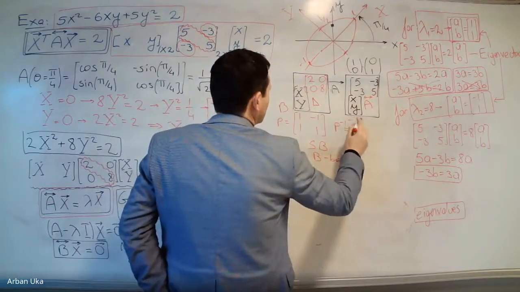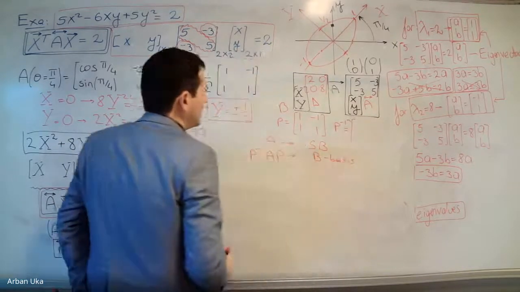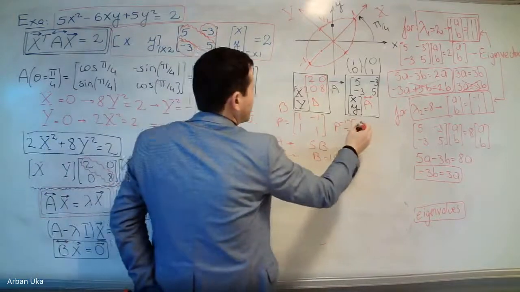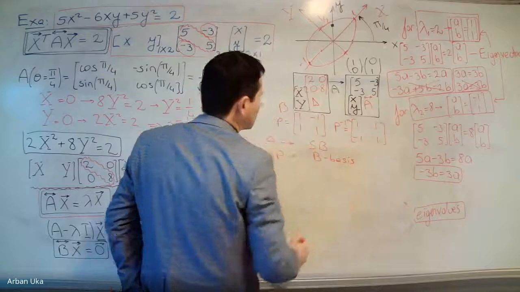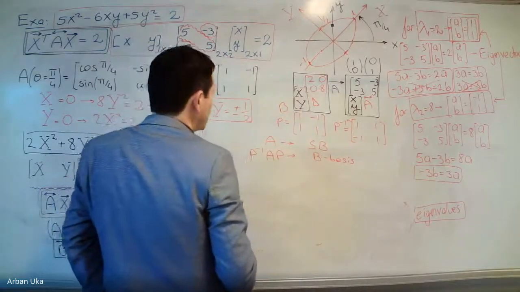P inverse will be equal to, we interchange these numbers and we change the sign, so minus 1, 1. Then let's multiply carefully.